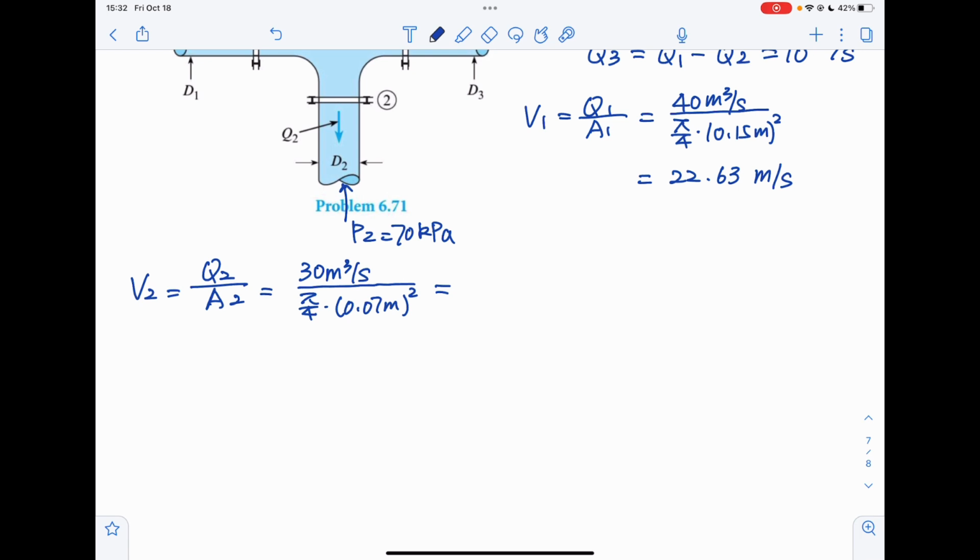Our final answer will be 77.95 meter per second.